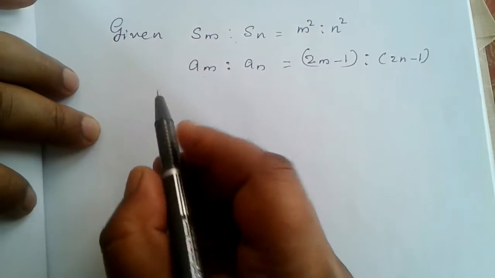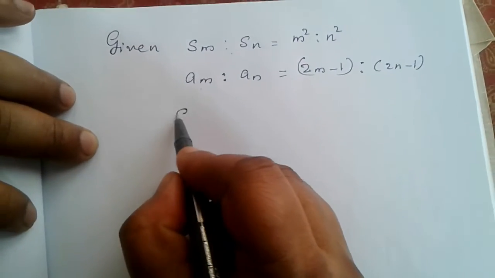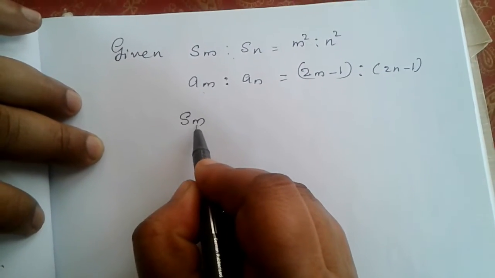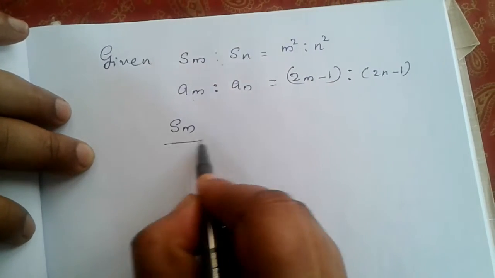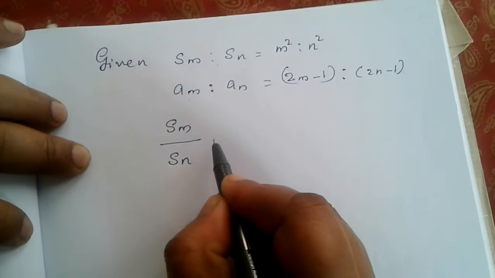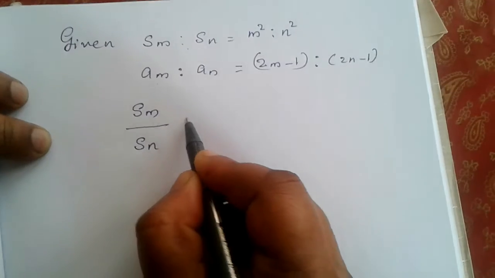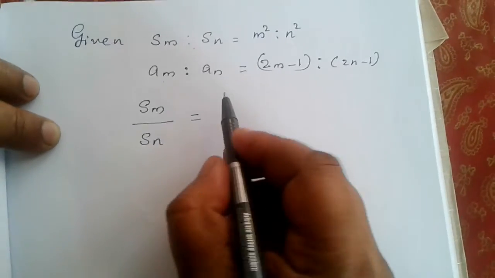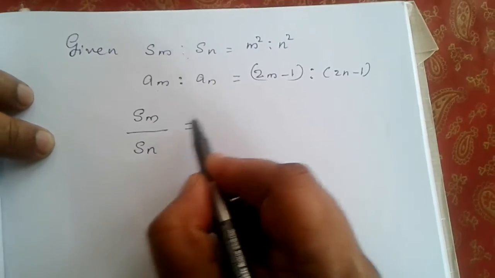Okay, so we can apply the formula. Sm means n equal to m. S means sum. So we are applying the general form of sum of first n terms of an arithmetic progression. Here n equal to m.